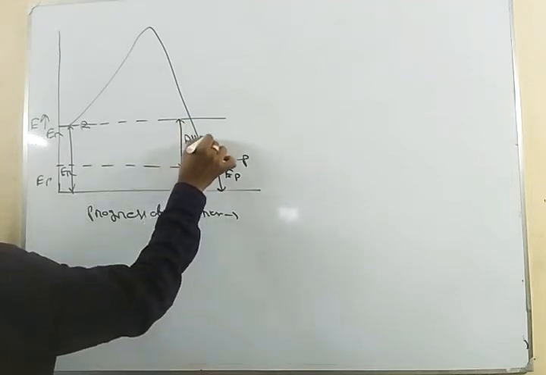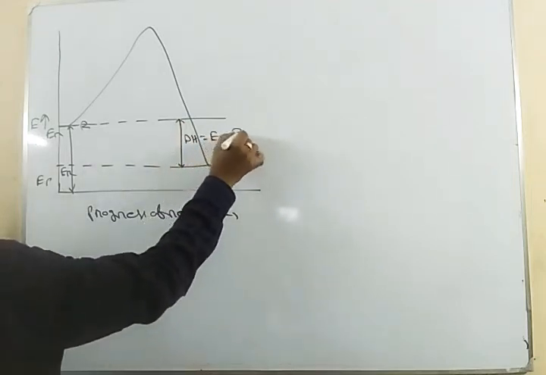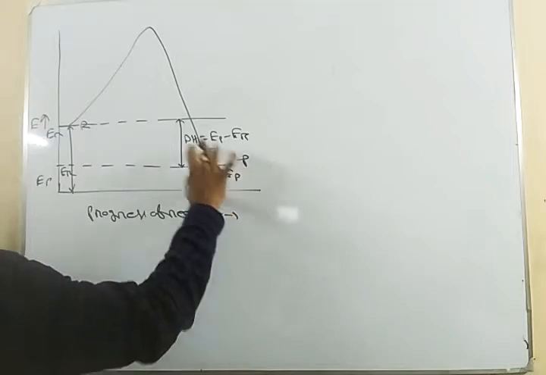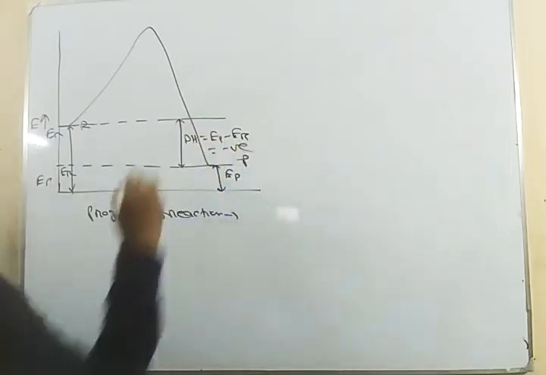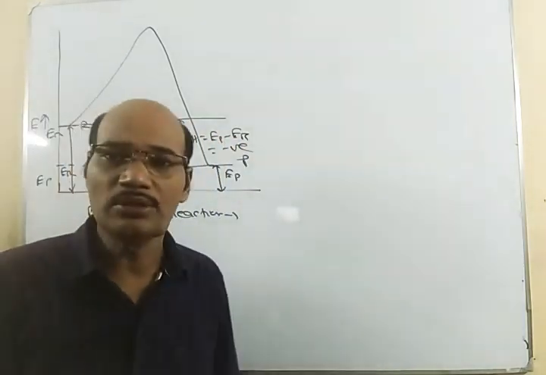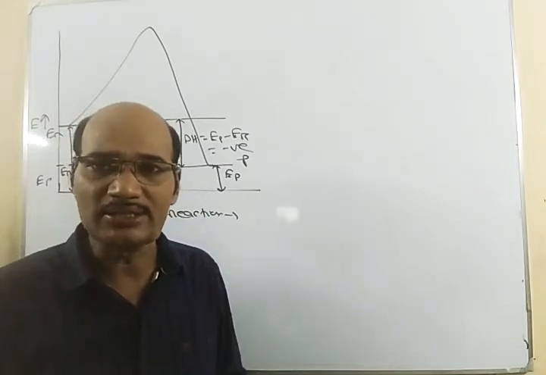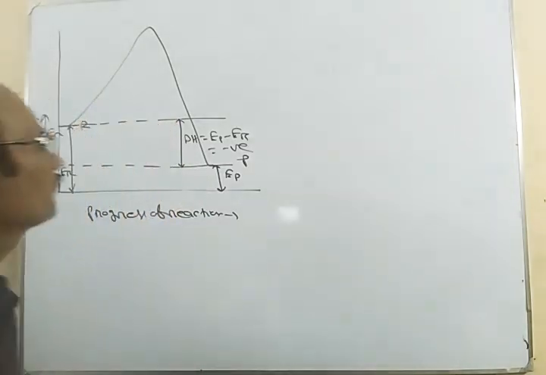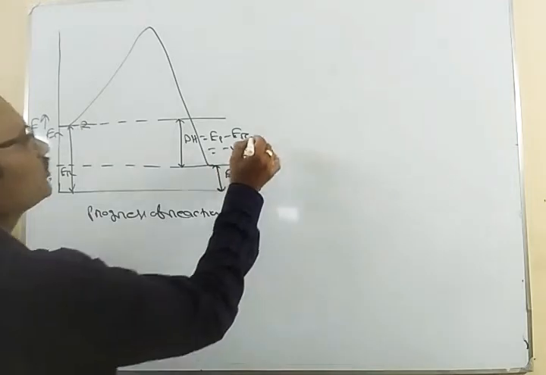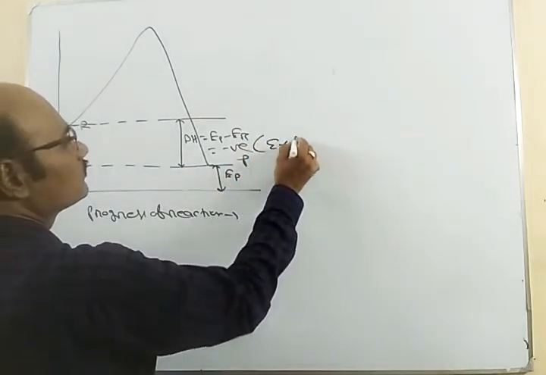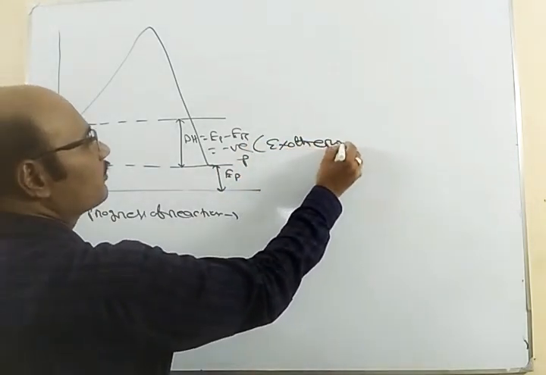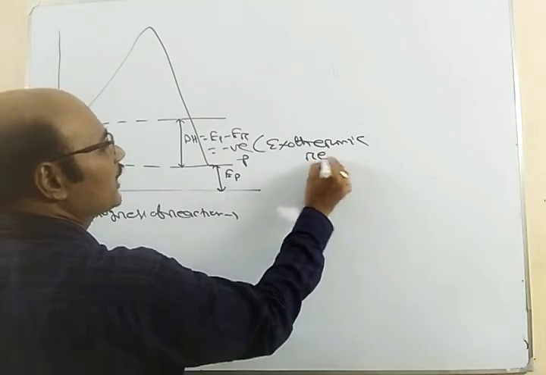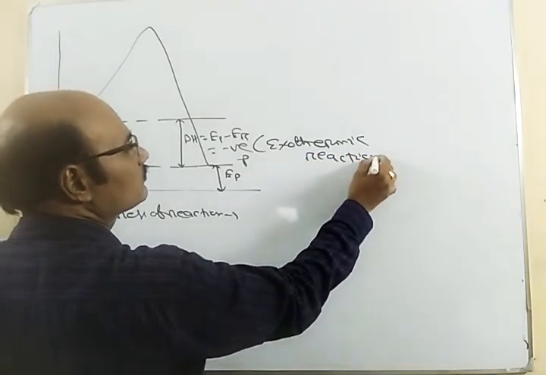Delta H equals EP minus ER. EP is small here, ER is large, so it is negative. So delta H equals EP minus ER is negative. That means this is an exothermic reaction.